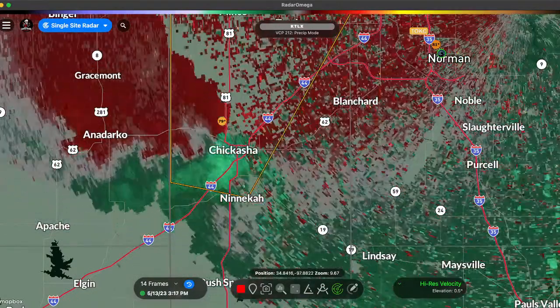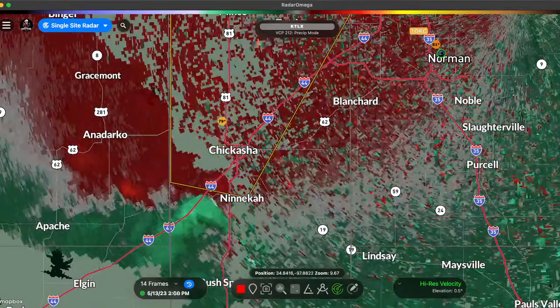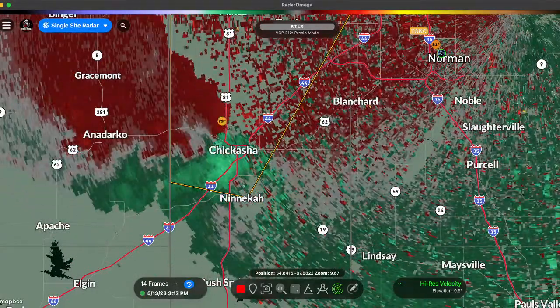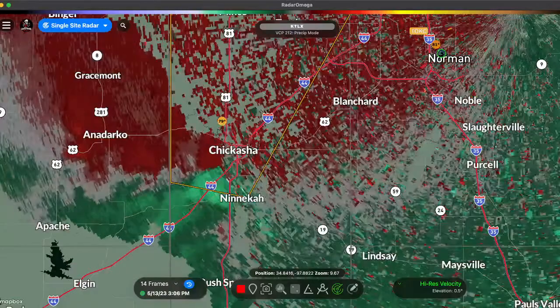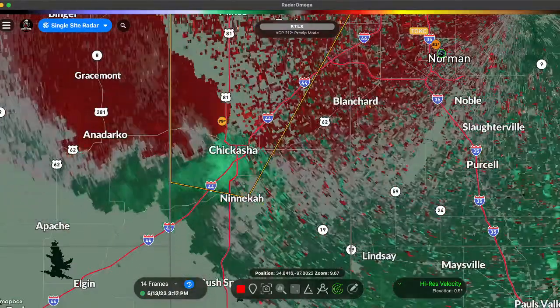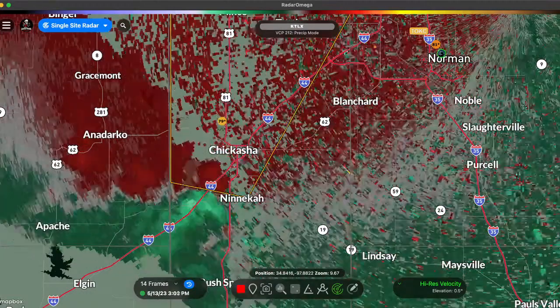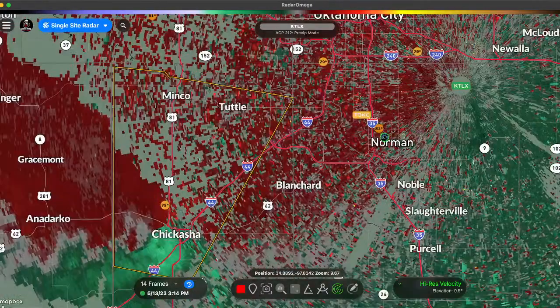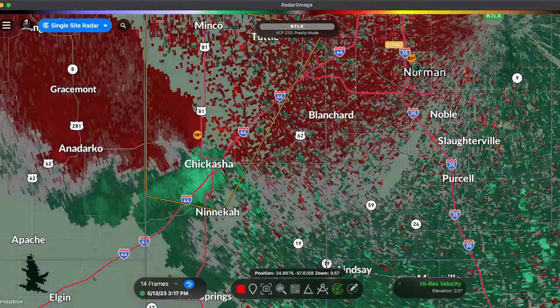Just not really seeing any rotation in that. But if there is, you're looking at just east and probably now northeast of Chickasha. This thing's moving at a decent speed. It's not a slow moving storm by no means.